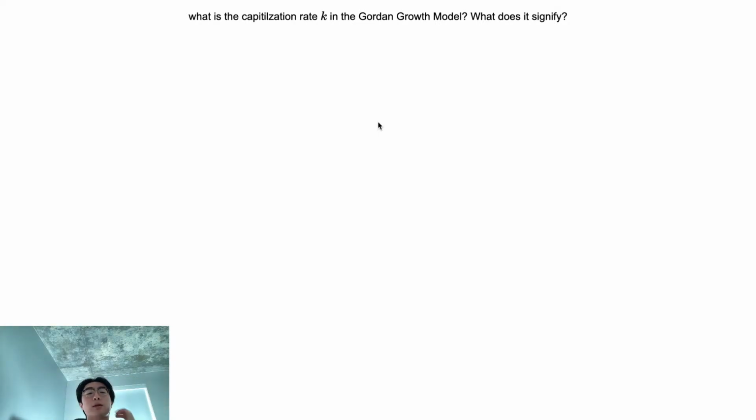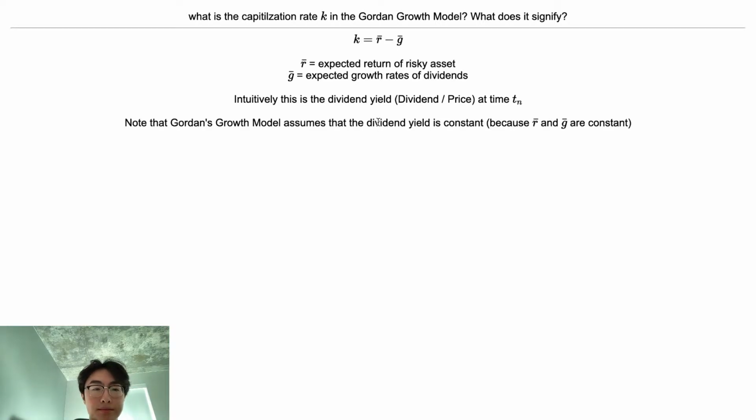And so the capitalization rate is how much the dividends are yielding per price.